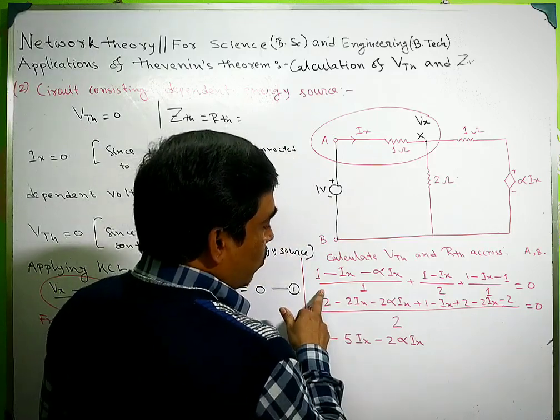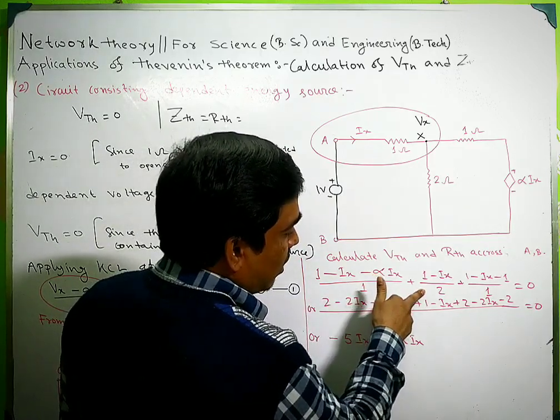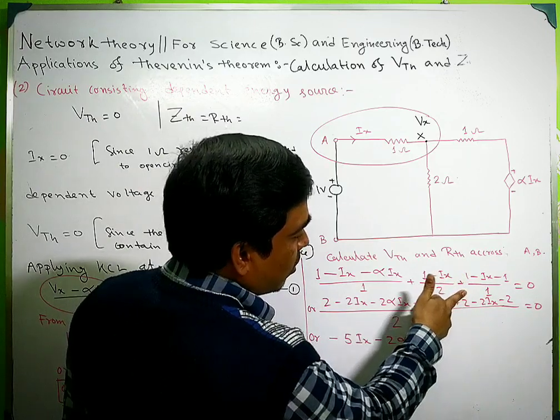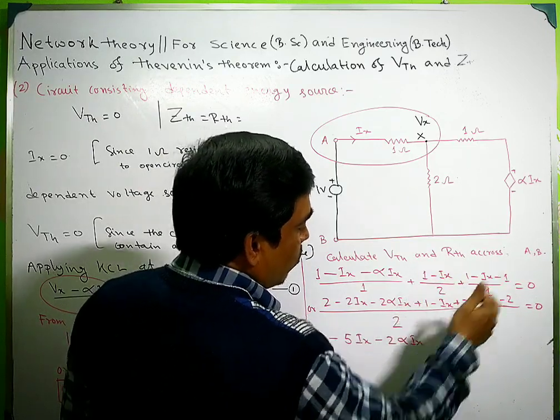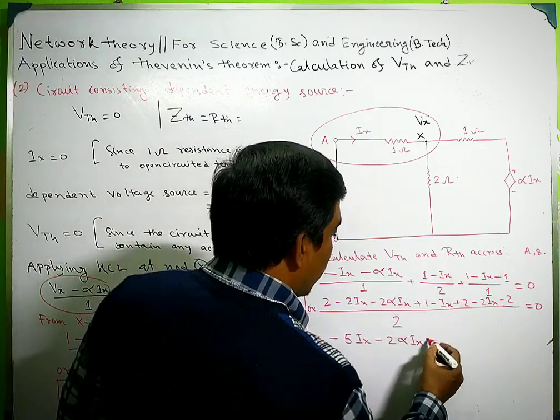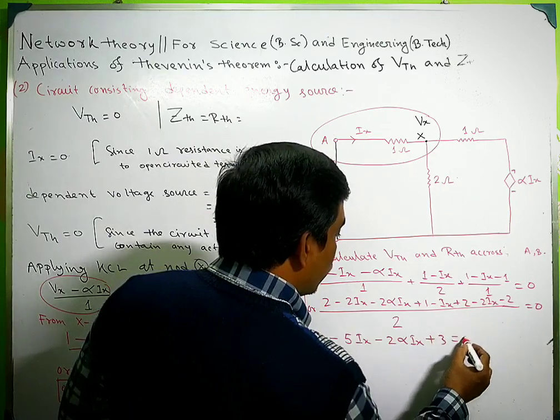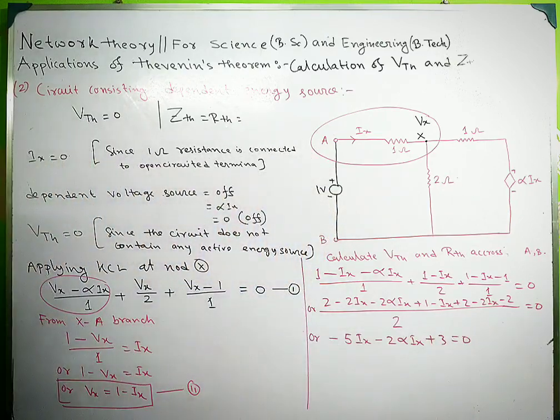The constants: 2 plus 1 plus 2 minus 2 gives 3, so plus 3 equals 0.